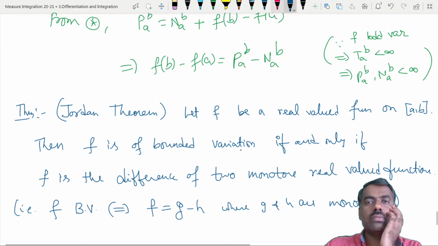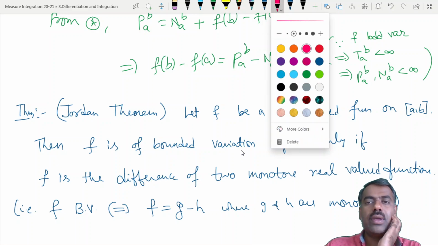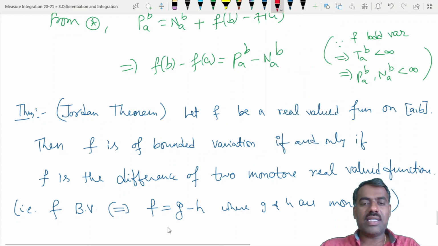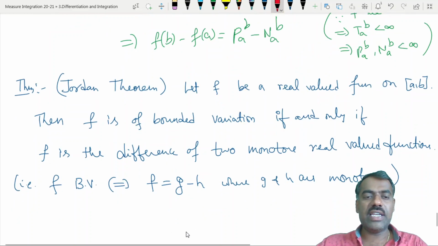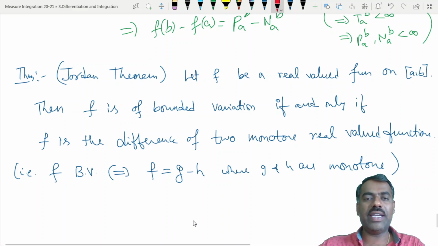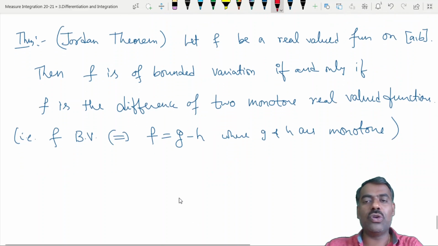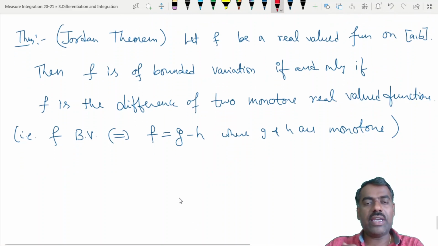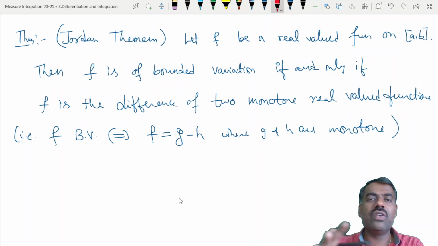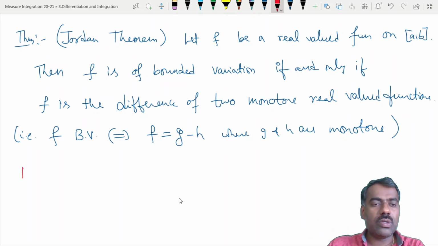What we want to prove is that if f is of bounded variation, then f can be written as the difference of two monotone functions. Conversely, whenever f is the difference of two monotone functions, we want to show that f is of bounded variation. Okay, so let's do this.